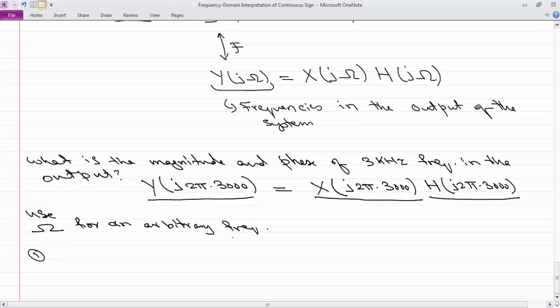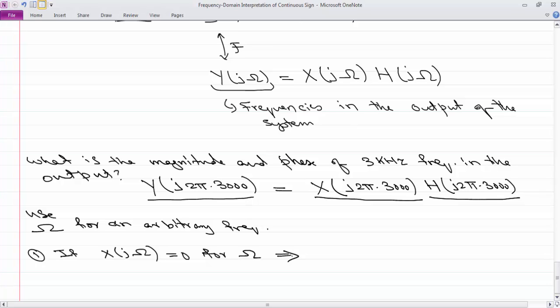Number one, if x(jω) equals 0 for some omega, then what does it mean for the output frequency? It means that at frequency omega, the signal has no frequency.